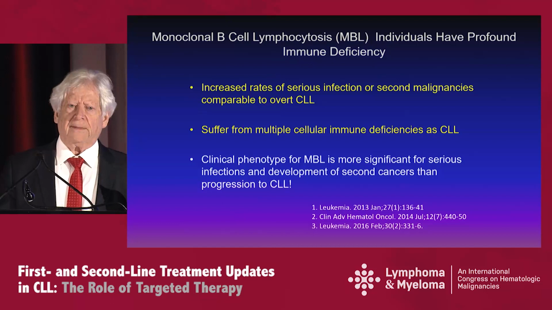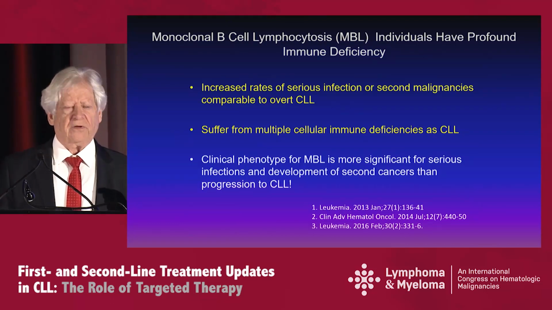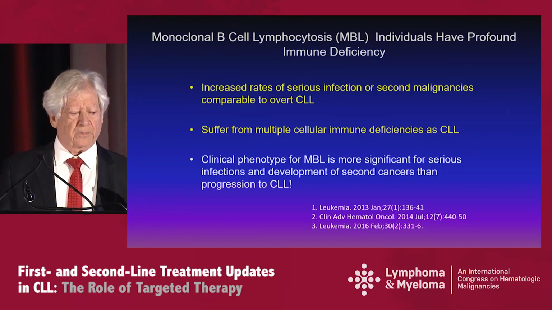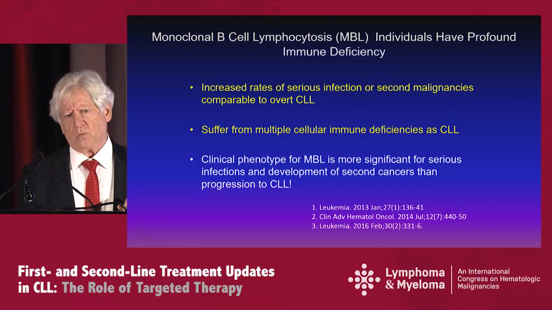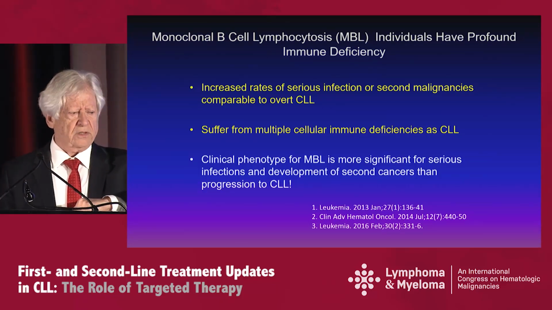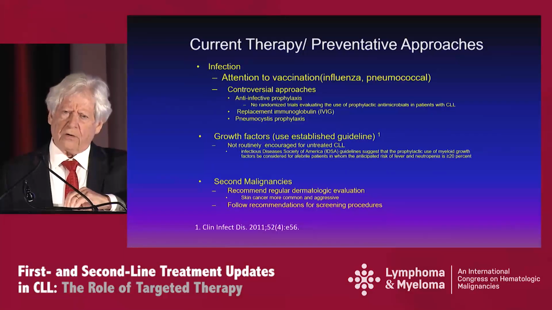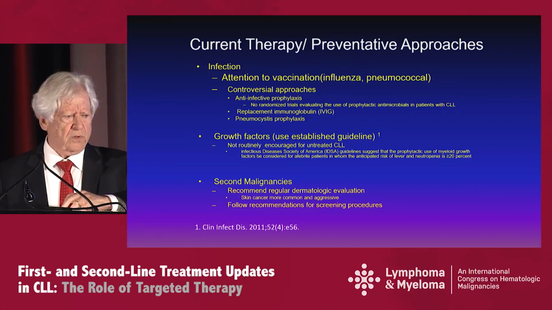The clinical phenotype for MBL is more significant for serious infections and development of second cancers than progression to CLL. And if you think about it, the prevalence of MBL rises as we age, so it is not a trivial issue.